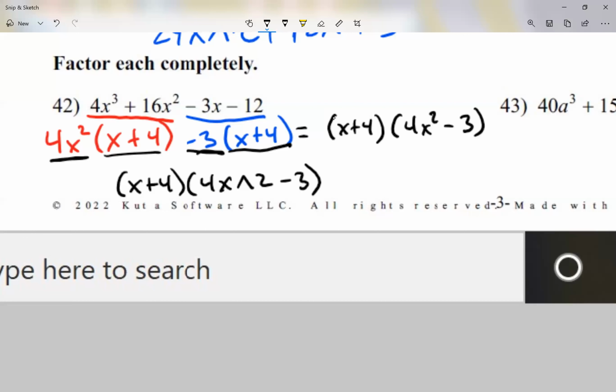If this was a homework question, one of the correct answers is x plus 4, that parentheses first. Another possible answer is 4x squared minus 3 as the first parentheses. Again, when you have 2 parentheses, it doesn't matter which one you write first. For the homework, I'm allowed to type in multiple answers so you will see it graded correctly.